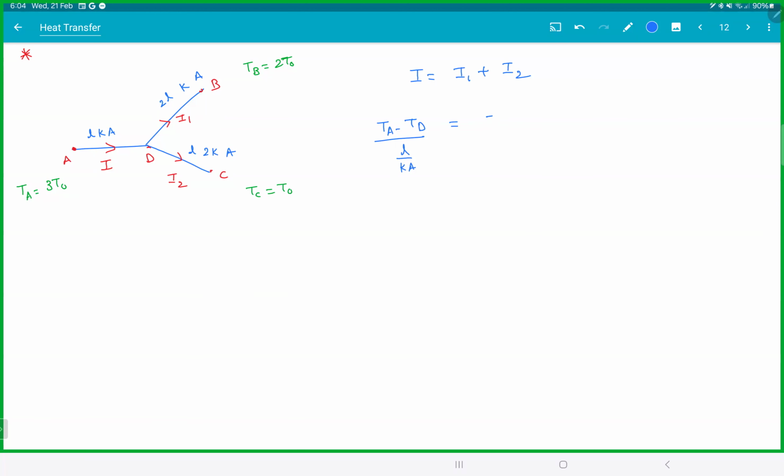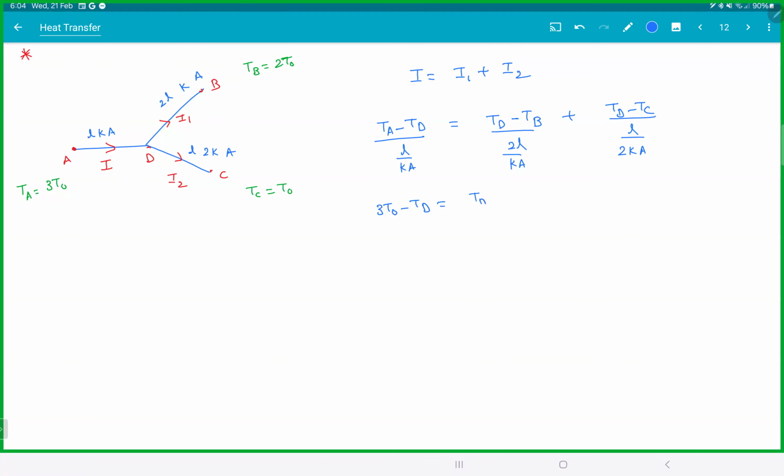This is I1. Temperature at D, so we are always assuming heat is flowing from higher to lower. So D is more than B. That's what I assumed. So TD minus TB by 2L by Ka plus TD minus TC by L by 2Ka. L by Ka cancels off. This will be 3T naught minus TD.